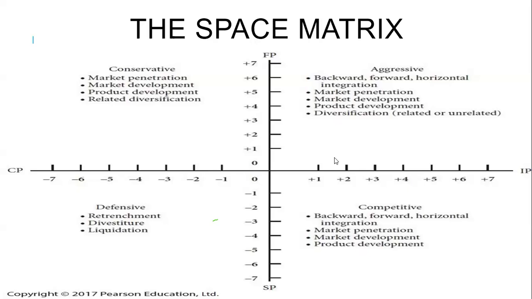That means that you are doing something right, and for that reason, you may also go ahead with all the batteries of strategies to seize the opportunities that exist out there, whilst capitalizing on your strengths that also exist in there. So that is the space matrix.